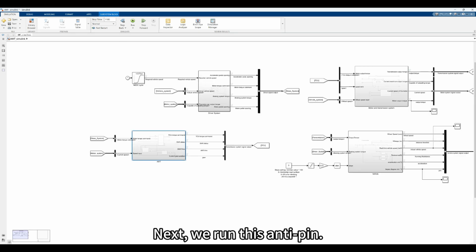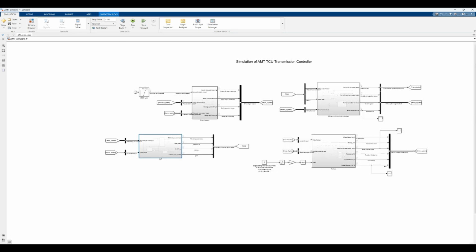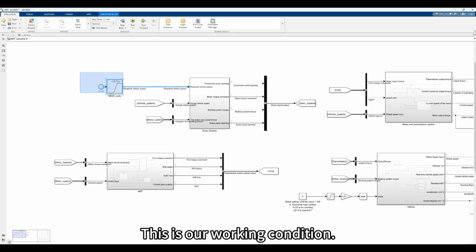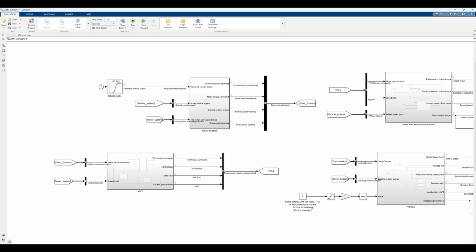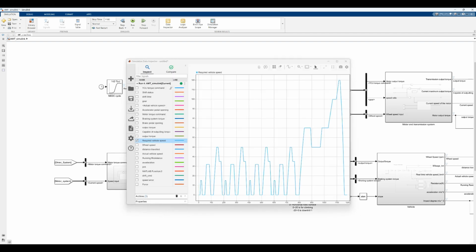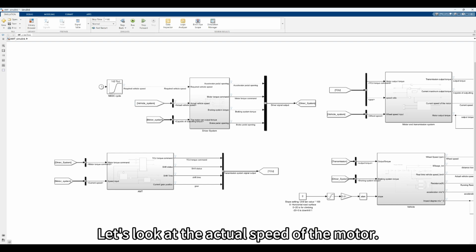Next, we run this model to see the results of each parameter. This is our working condition. Of course, I have already run the simulation. Next, let's look at the actual speed of the motor.